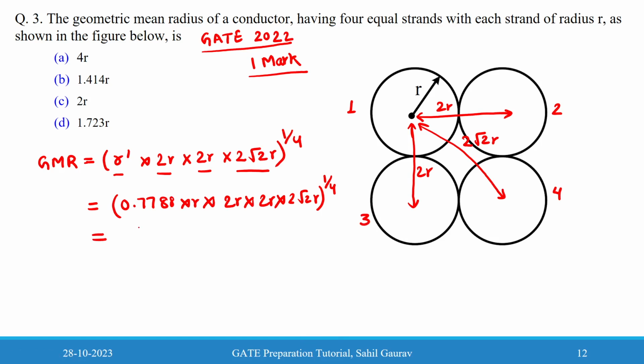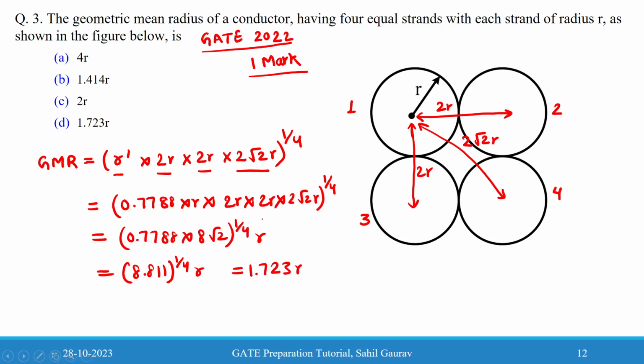Take r outside: inside it will be 0.7788 into 8 root 2 to the power 1 by 4, that is 8.811 to the power 1 by 4, which comes as 1.723 r. So the correct answer is D.